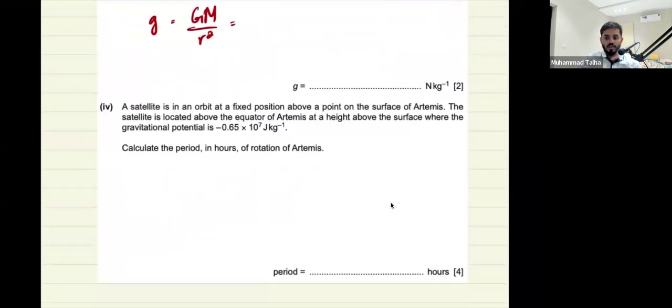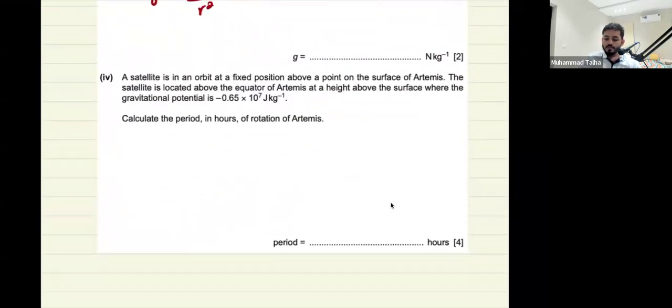This part 4 is something that I do want to talk about. A satellite is in an orbit at a fixed position above a point on the surface of Artemis. So just an orbit tells me that this is Fc equals Fg.